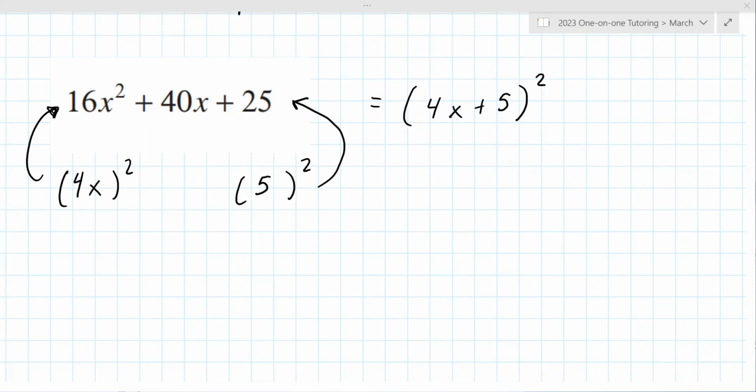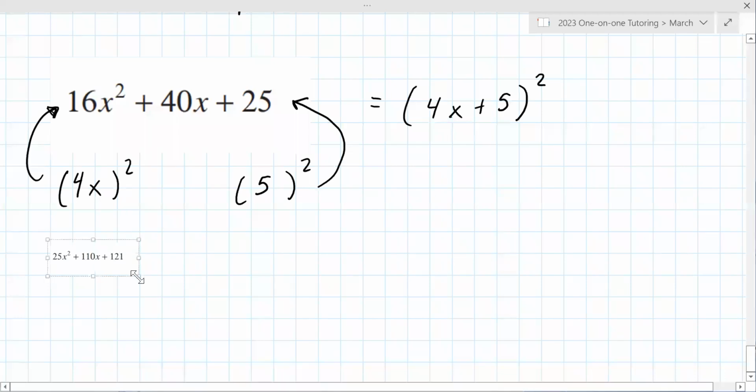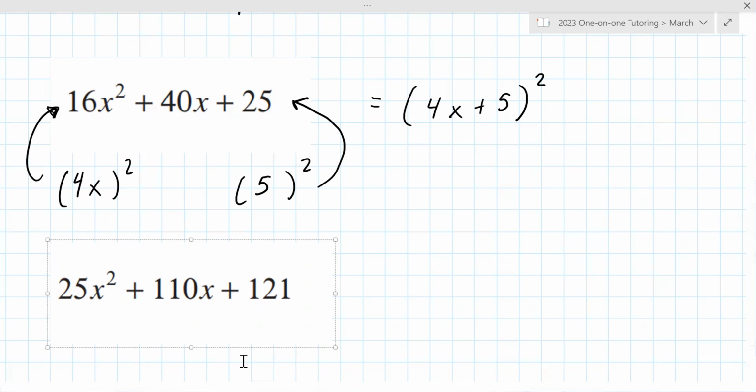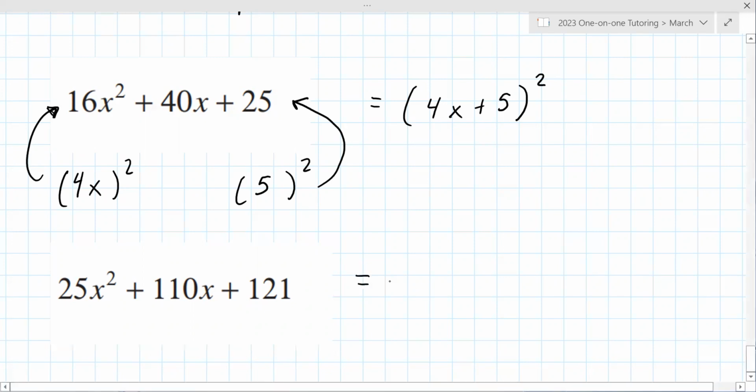Great. Here's one for you to try on your own. X squared plus... 5x and then plus 11. Good. 11. Very good. Squared.